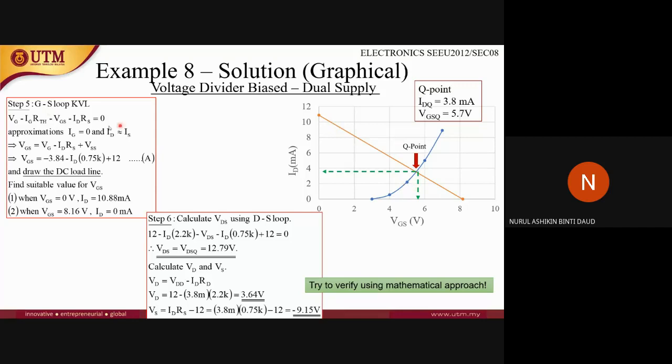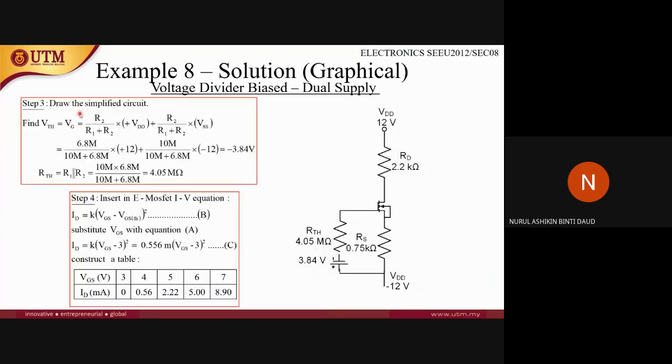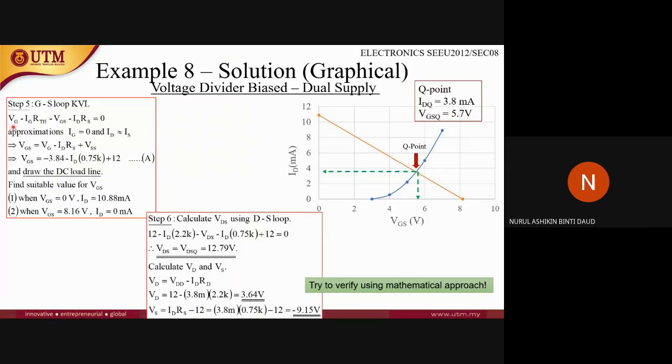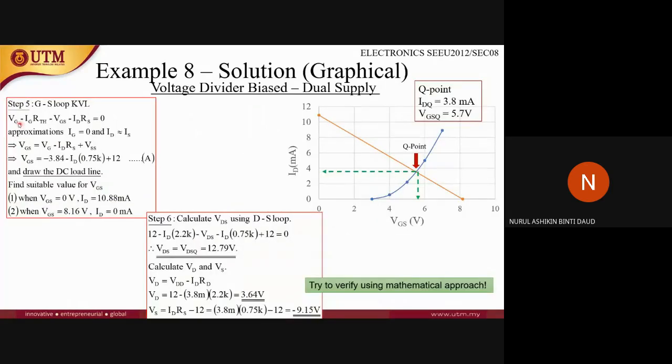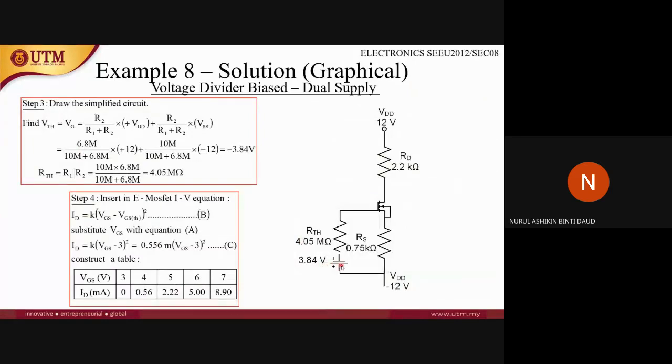For the DC load line, same, you need to use the GS loop using Kirchhoff's voltage law. So here, VG is this value, 3.84. Why is it minus? Because it comes up through minus here, because the value here is minus.